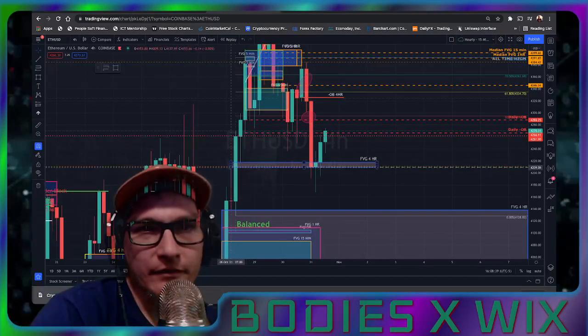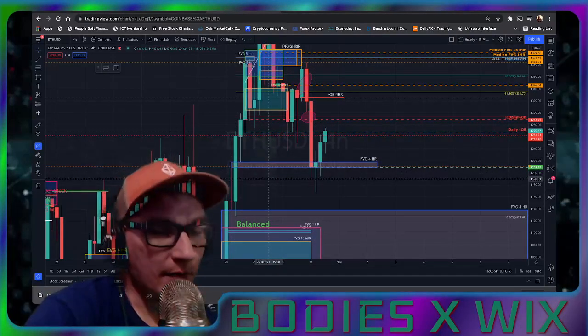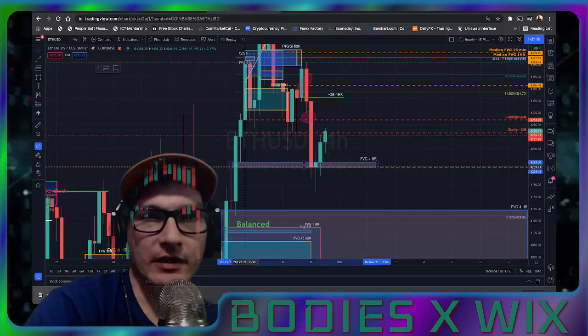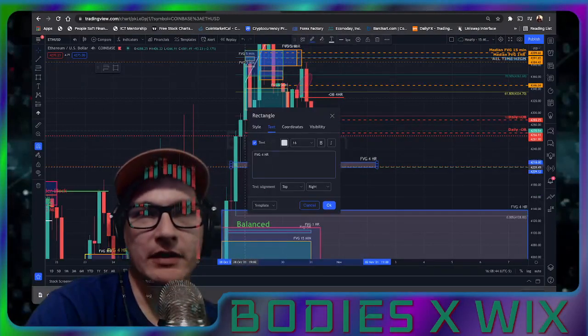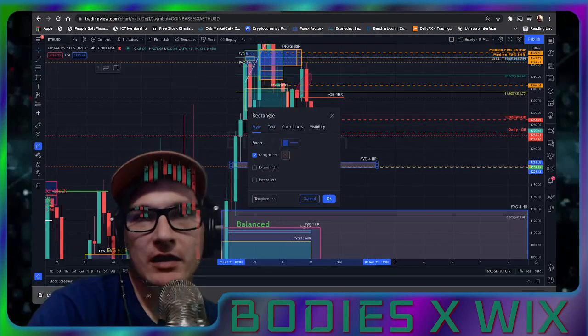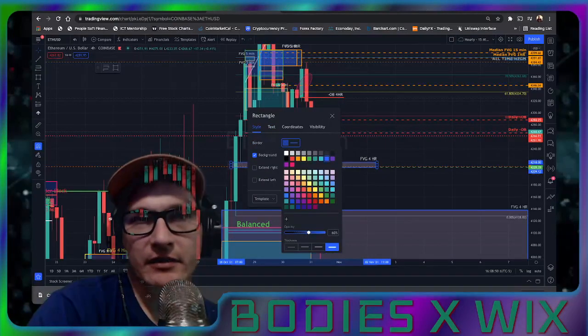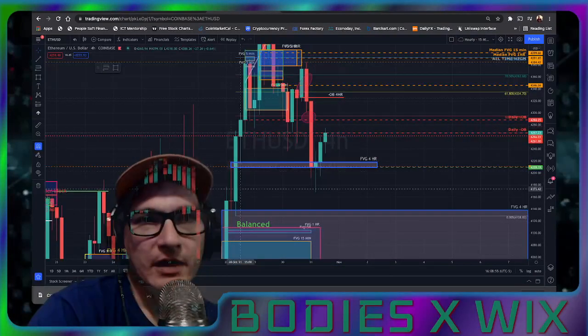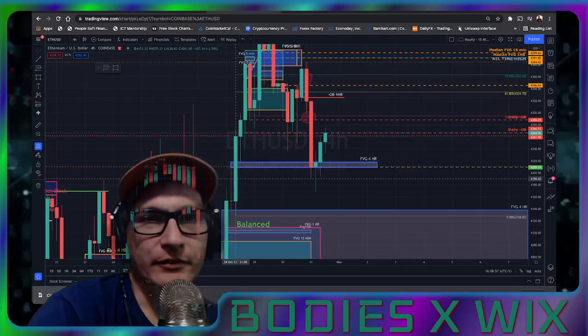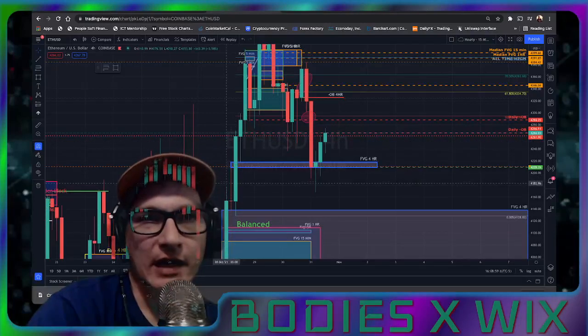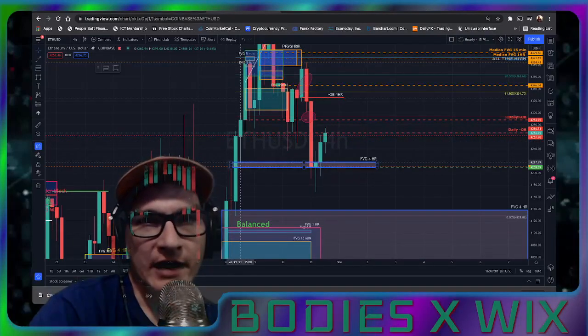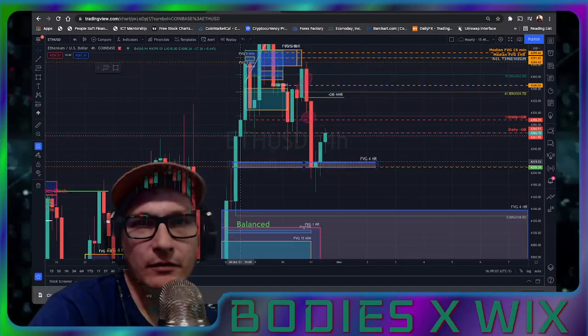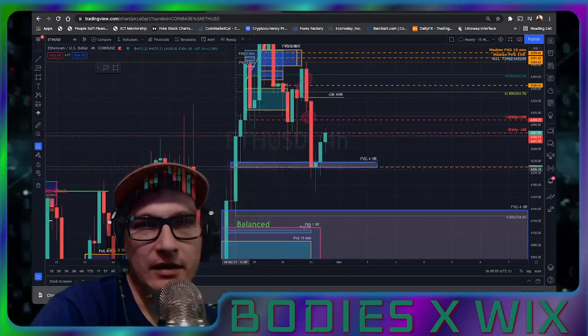Now for our fair value, what is a fair value gap? It is right here. I can probably brighten this up, or at least make this thicker. There we go. It is whenever you have 3 consecutive candles, if there is a gap left between the wicks, that is the fair value gap.